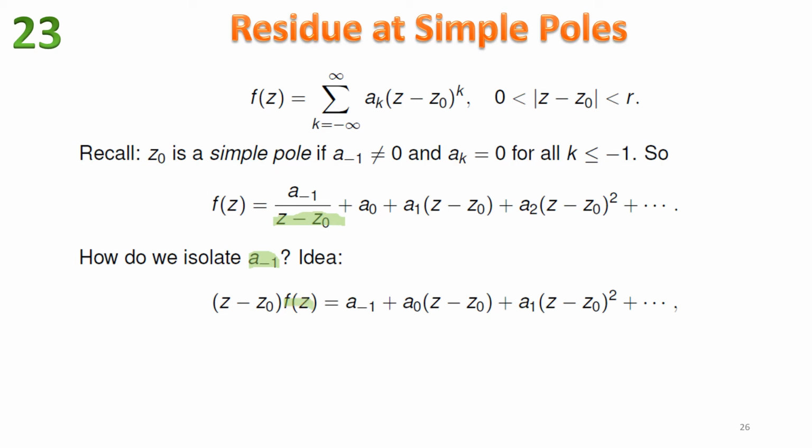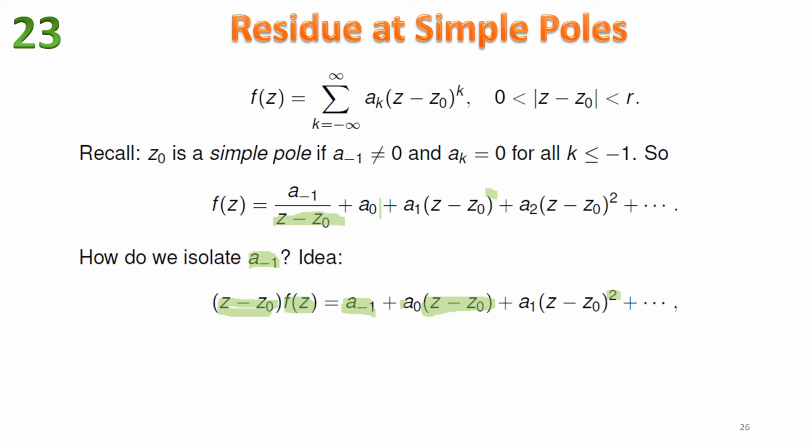So to f of z we are multiplying by z minus z0. Here after multiplication we are left with only a minus 1. Then a0 was not having any term associated, but here we have z minus z0 in multiplication, and one power is getting advanced. Here it is 1, here it is 2, and so on. So that's the only variation.